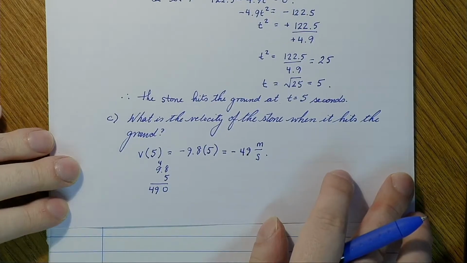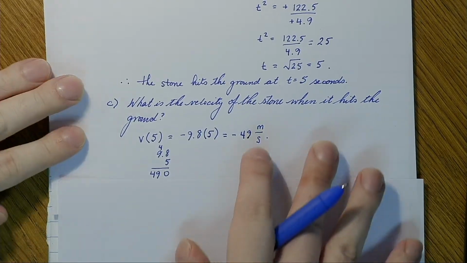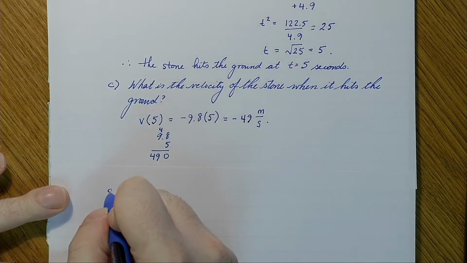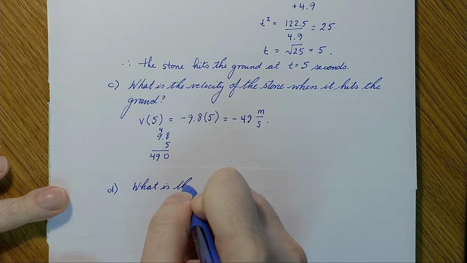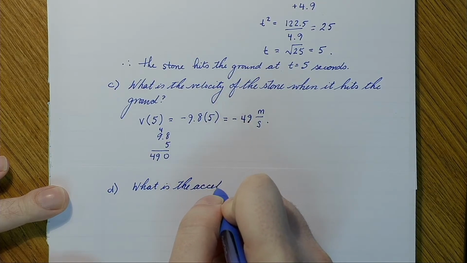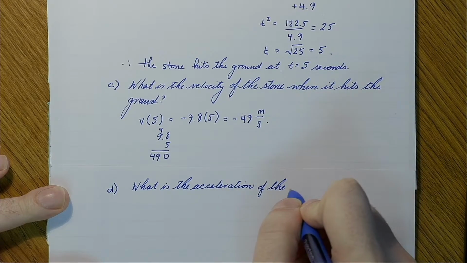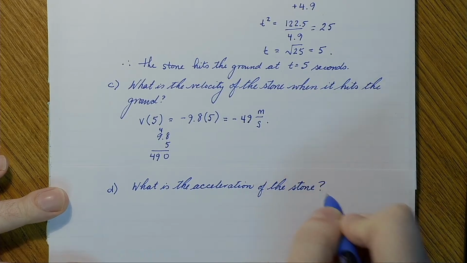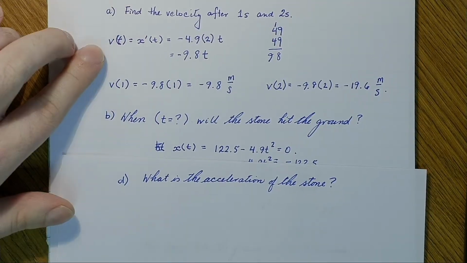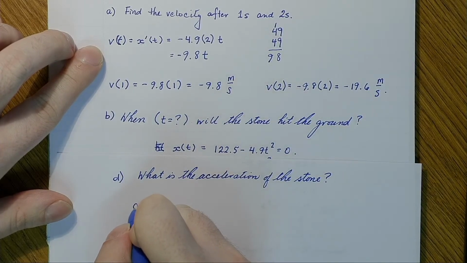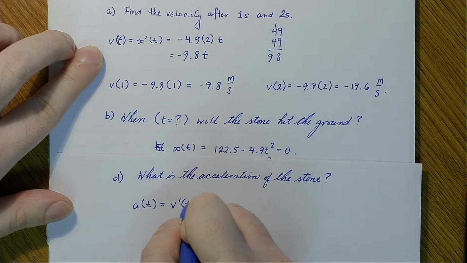Now, the next question that we could ask, D, which is, what is the acceleration of the stone? Going back to our V, we know that when we take the acceleration, it's the derivative of the velocity function.